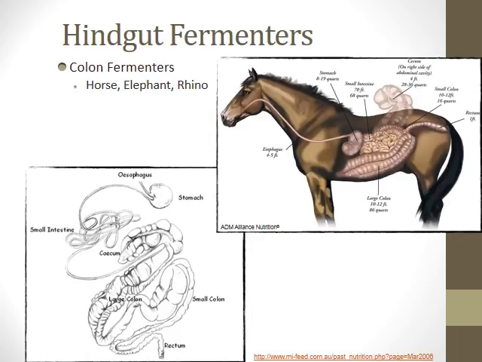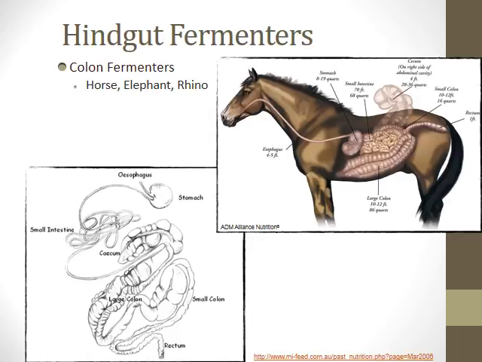Now, to give you a perspective on the capacity of this GIT, look at the picture on the top right. The stomach can hold anywhere between 8 and 19 quarts, and the cecum can hold 28 to 36 quarts. But if you look at the large colon, you can see that the large colon holds 86 quarts, and the small colon can hold up to 16 quarts.